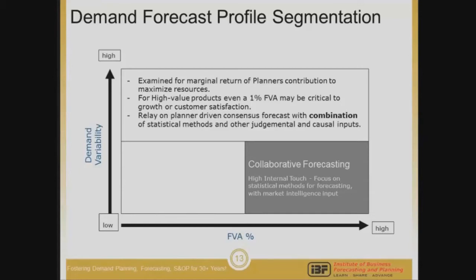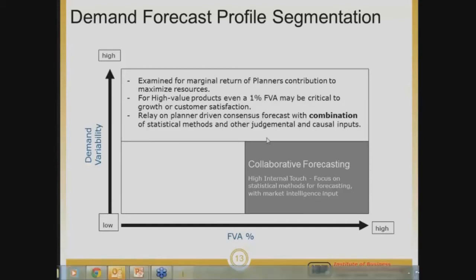So this is where I want to focus my team. The thing to examine a little closer at the individual item level is the trade-off between the planner's contribution, to maximize the resource, versus the marginal returns you may get. Because with these, I'm going to look at the high value items, because I may be able to get only 1 to 2%, since I already have a low forecast error at this level.